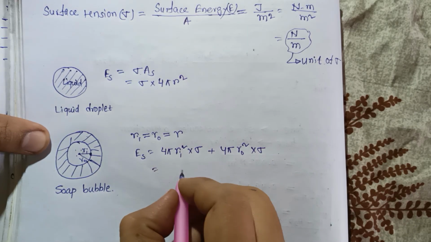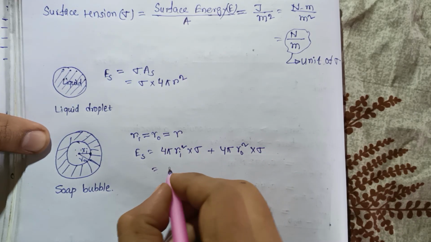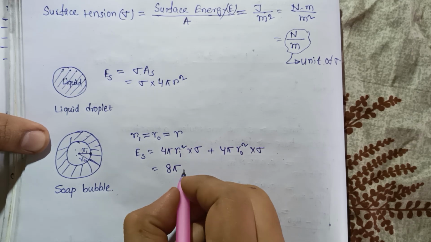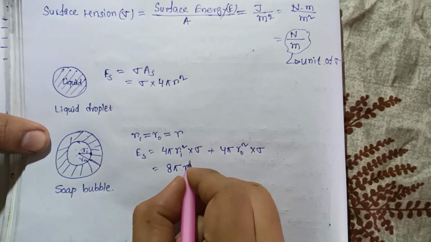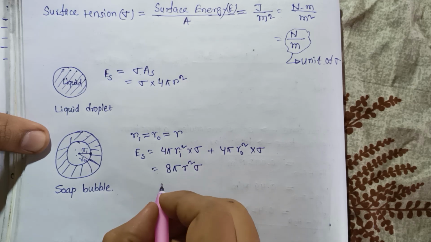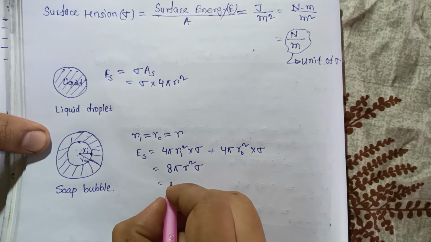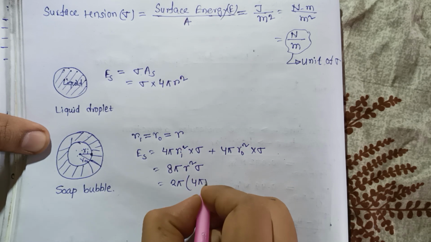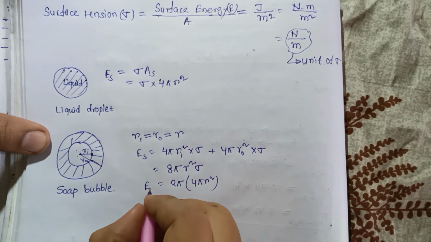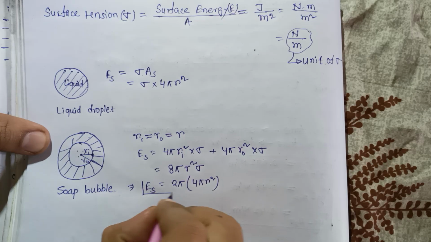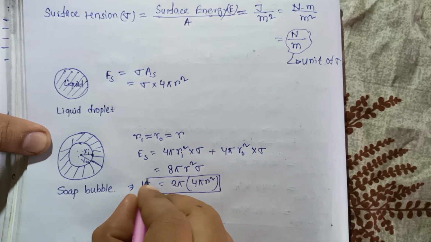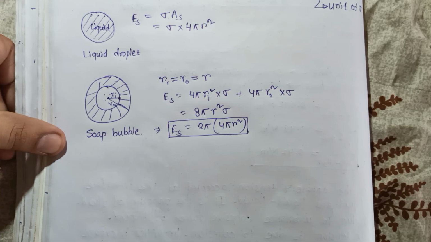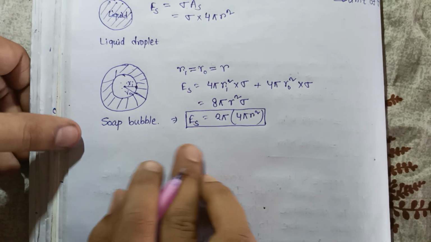From here it is 8 pi r square sigma, that is 2 into 4 pi r square sigma. So this is the surface energy.